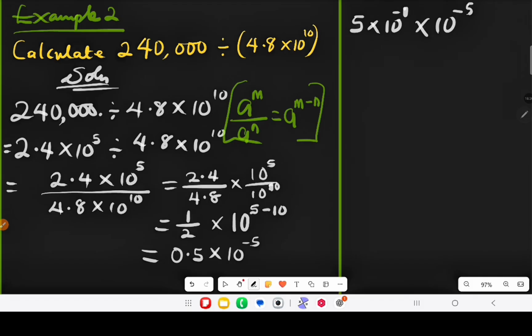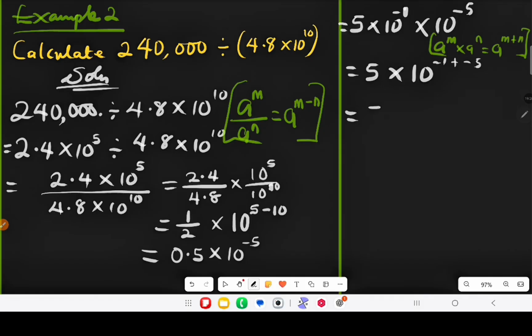Now, if we apply the multiplication law of indices, we state that whenever we have a raised to the power of m times a raised to the power of n is equal to a raised to the power of m plus n. And if that is true, we apply it here, then it becomes 10 raised to the power of minus 1 plus minus 5.